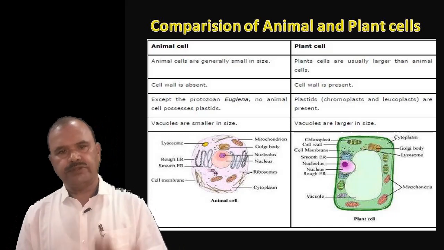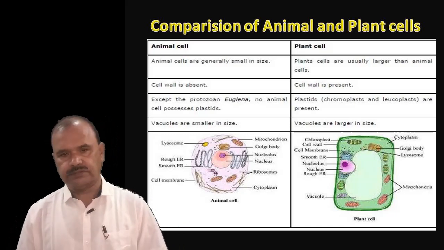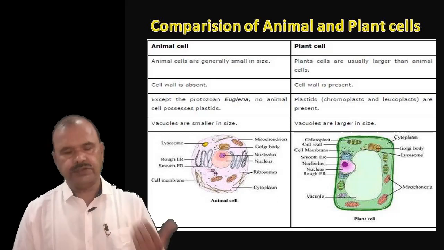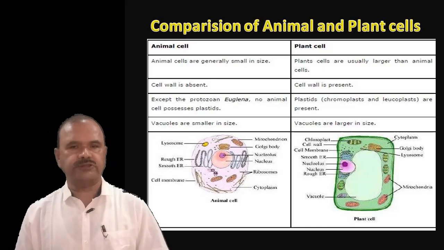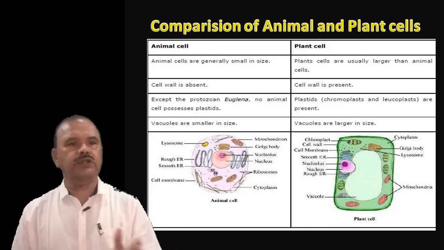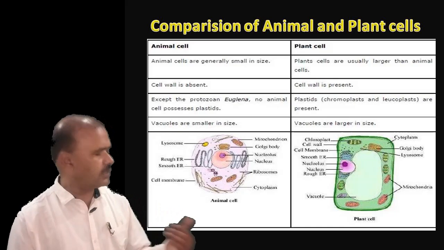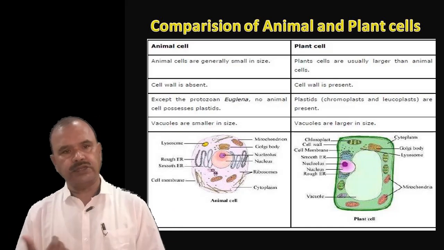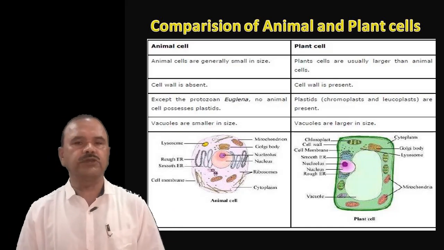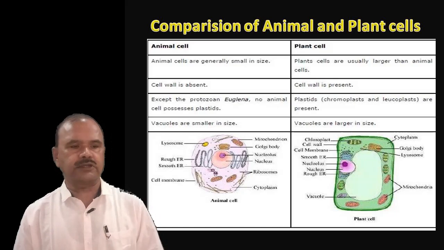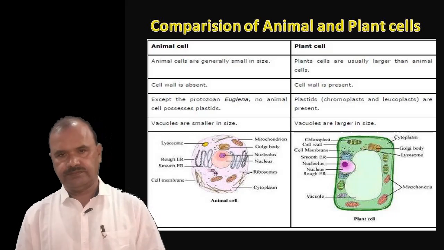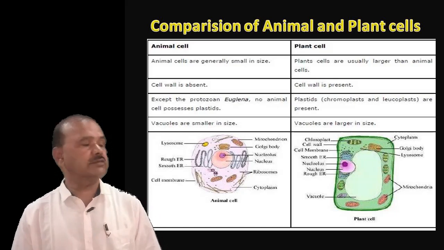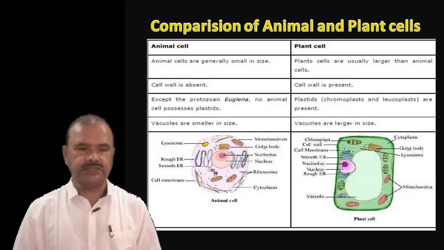Third, presence of nucleus. As we have seen, the vacuole occupies the central part of the cell, so the nucleus is pushed towards the periphery in the plant cells, while in animal cells mostly the nucleus is present in the central part of the cell. Next difference is the presence of plastids.